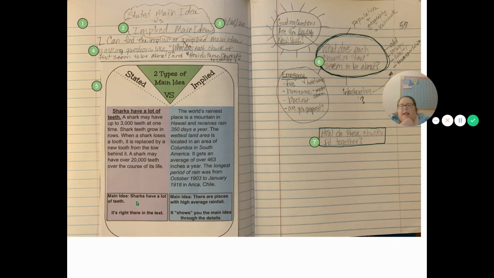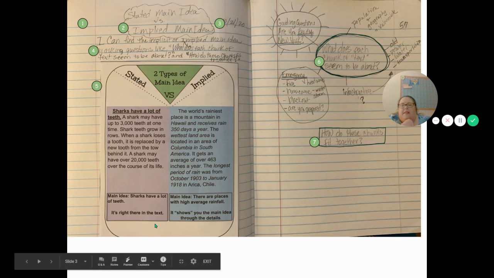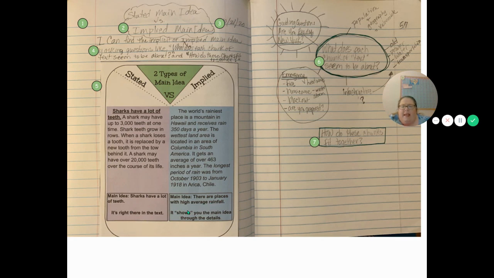Stated main idea is right there in the text, whereas the implicit or implied main idea is found. There are several words that are italicized throughout this passage, and they are all clues that show you the main idea instead of telling you the main idea.